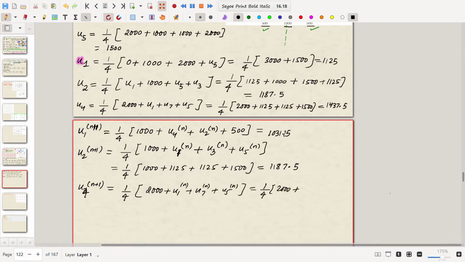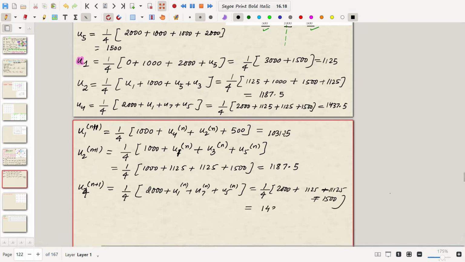What is U1n? U7, 1125. U1 is equal to U7, right? Then 1500.